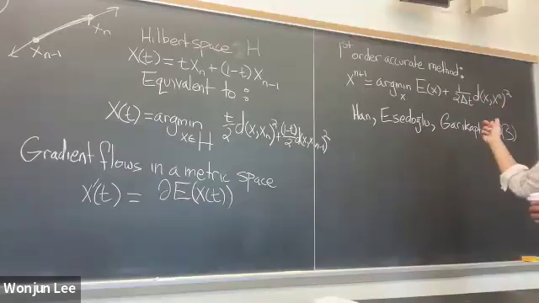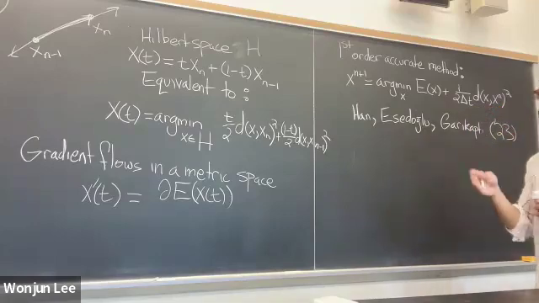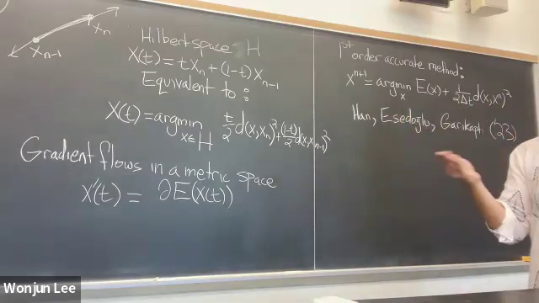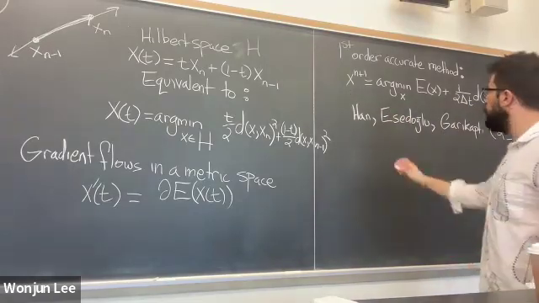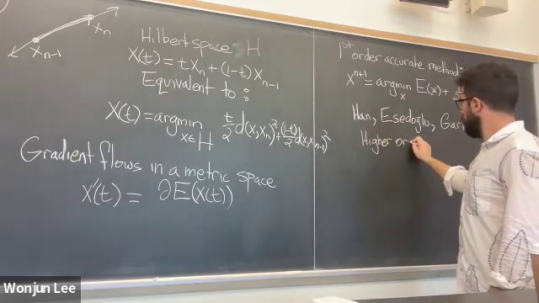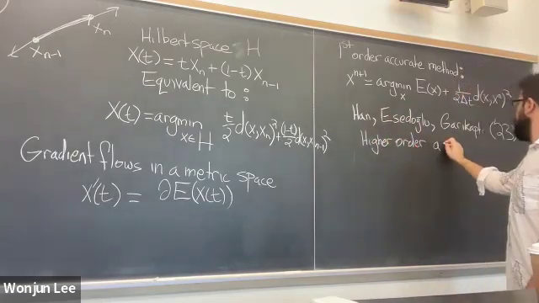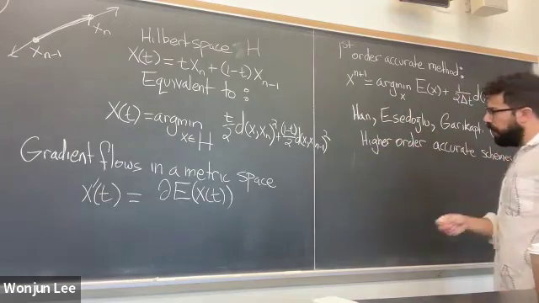However, instead of a term like this, you're going to have a bunch of distance terms with coefficients that can potentially be negative. So the higher order accurate schemes look something like this.